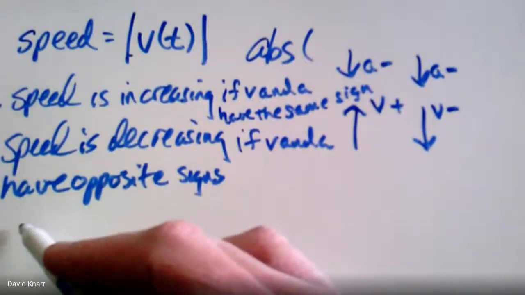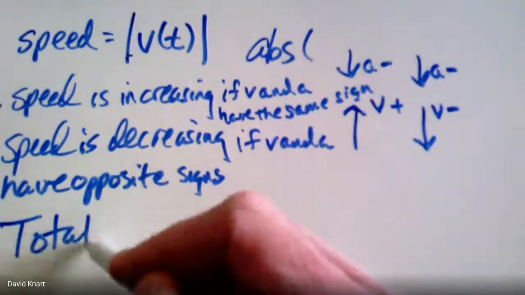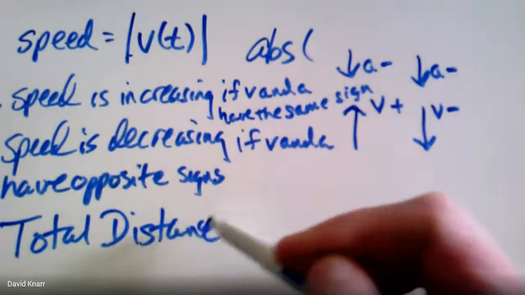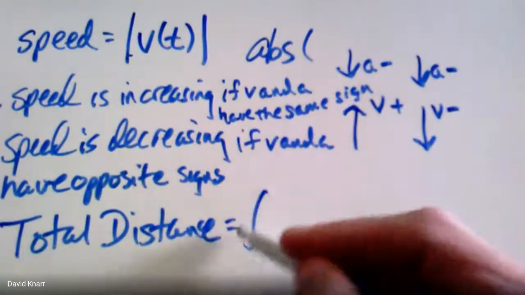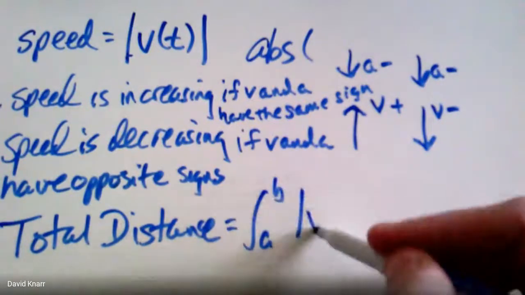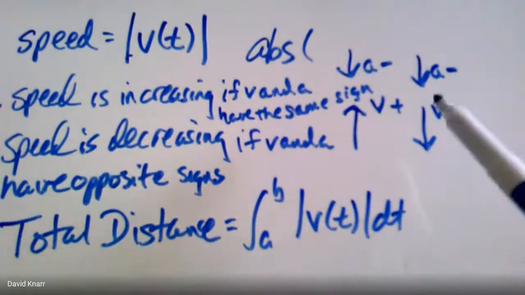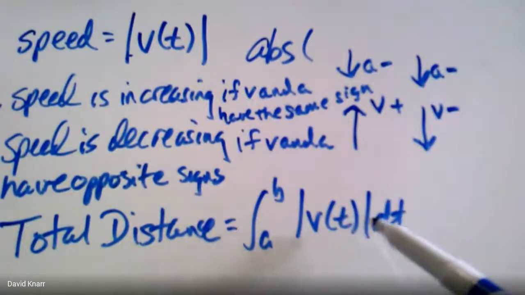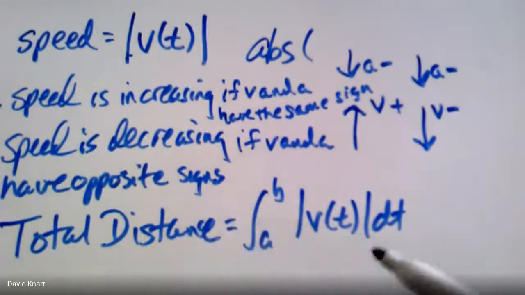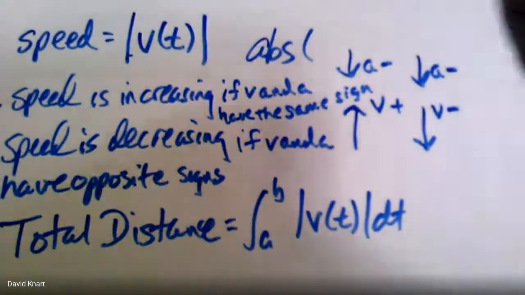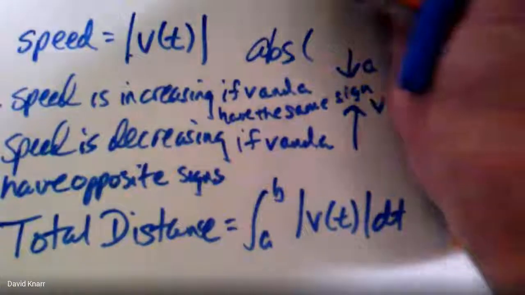All right, and the final equation that you need is to calculate total distance. To calculate the total distance of something, you integrate from A to B the absolute value of V dt. The other thing that you can do here is you can find the displacement, right?